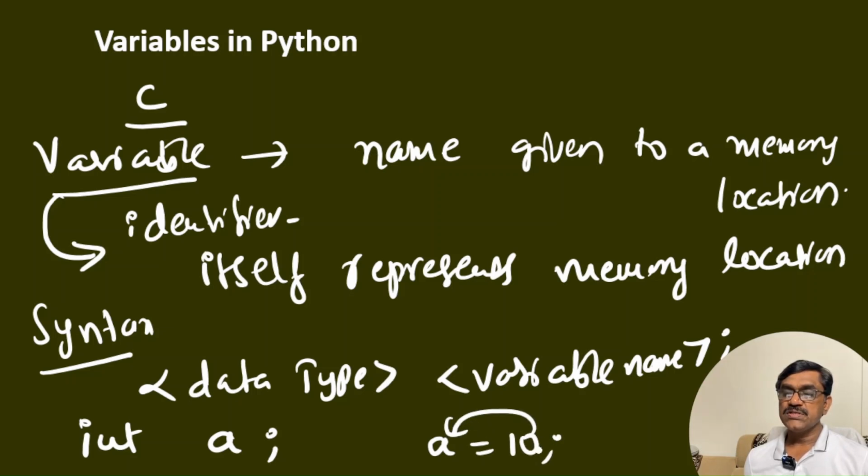Before storing an integer value into the variable a, in advance you have to mention the data type of the variable in the declaration, right? Once you declare the variable int a in advance, then only can you store an integer value in the variable a. For example, if you give the value a equals 10.5, it will not give an error, but the variable a is going to take only 10.